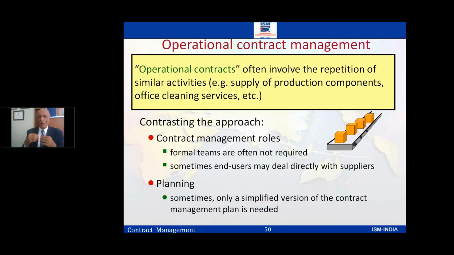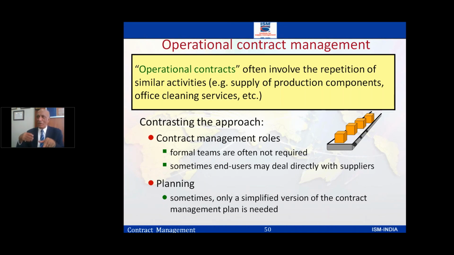Then comes the operational contract. So far we've been talking about the project stage, but in the case of operational contracts, which are day-to-day production items, a few changes may be there in terms of planning and managing the risk. If I'm running a production or assembly plant, I'm working just in time, like in Japan, 2 hours, 3 hours.